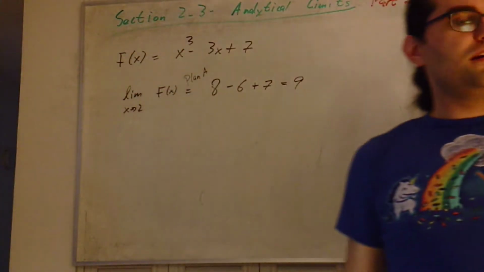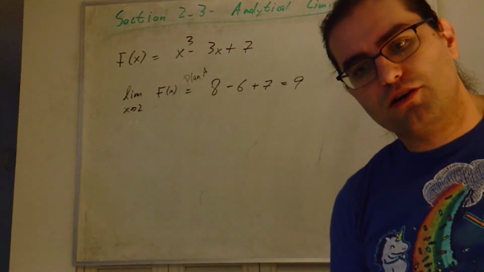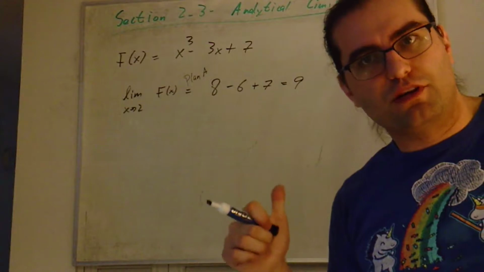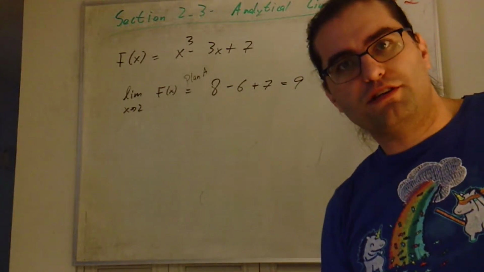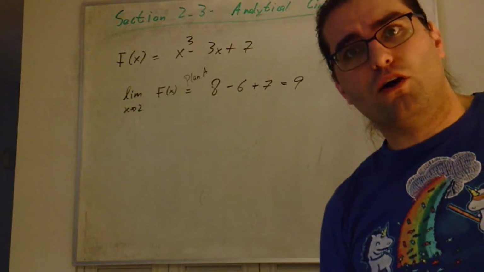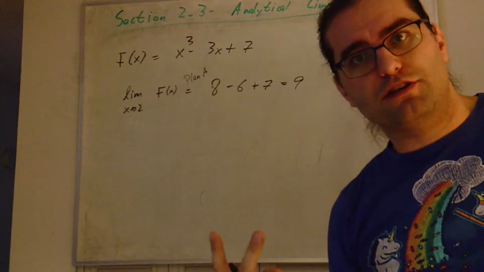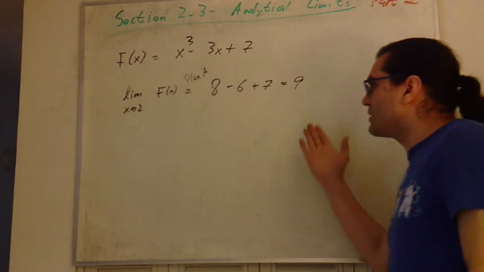In yesterday's videos about chapter 1, I talked about polynomials as being no weird stuff. And I say that one of the best things about polynomials is that they're really well behaved. They're always continuous, they're always differentiable, they're always smooth. This is kind of what I mean by well behaved.